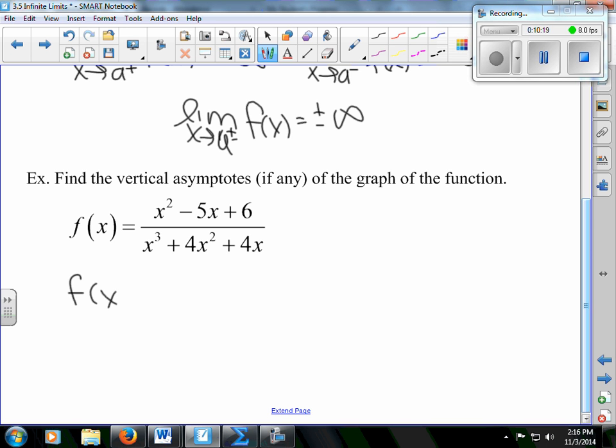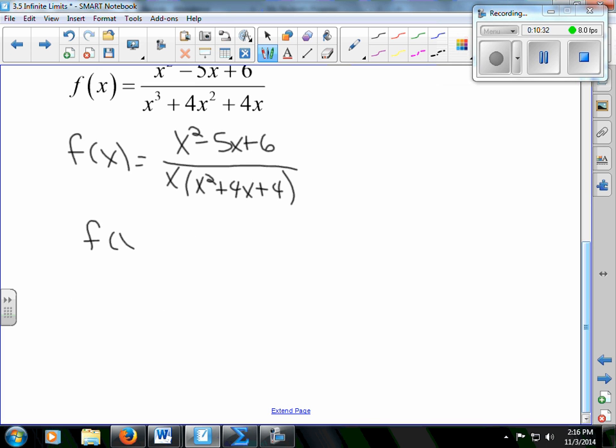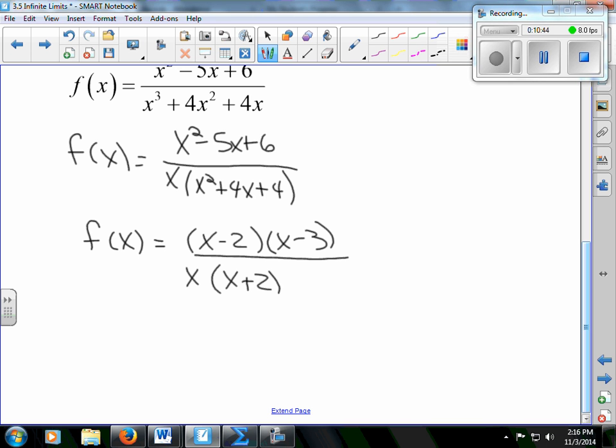I'm going to factor. And x factors out of the bottom. And now I have two trinomials that both factor. This top factors as x minus 2, x minus 3. And the bottom factors as x plus 2, x plus 2.